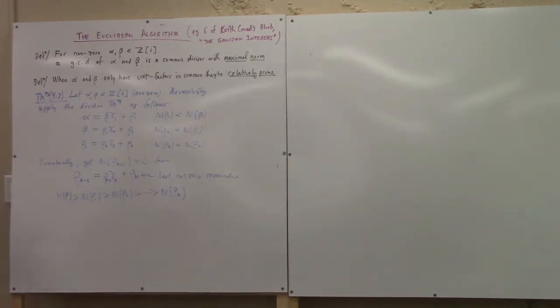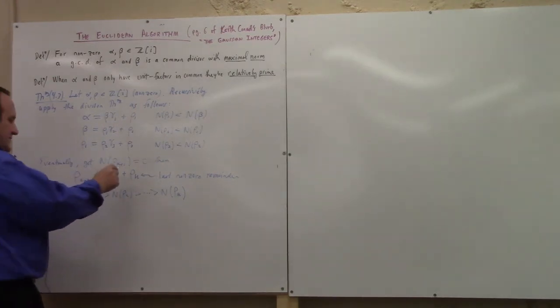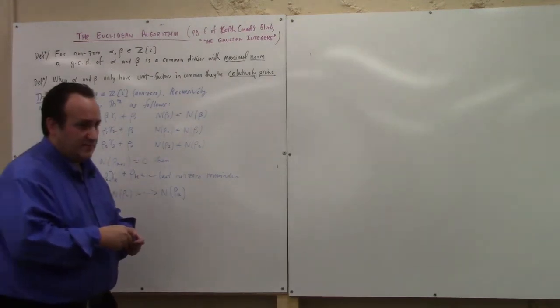Well, the norm of rho k plus 1 is 0, because the norm of 0 is 0. So he says that the common divisor of alpha and beta is the common divisor of maximal norm. But goodness, folks, I think it's the common divisor of minimal norm. Because what we've learned is the same story as we had before. The greatest common divisor is, in fact, going to be the last non-zero remainder in the algorithm.